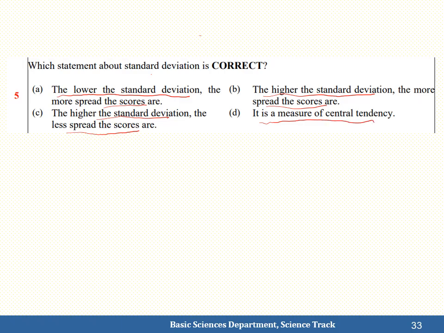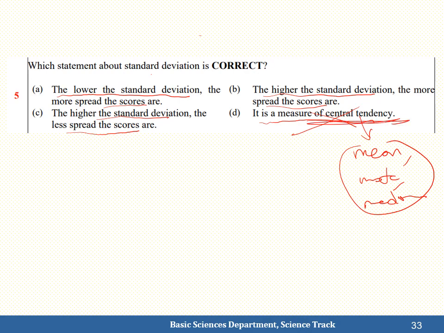Now, for sure, it's not a measure of central tendency. The central tendency is measured by the mean, the mode, and the median. The standard deviation is not one of them.